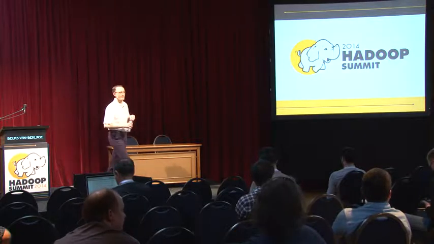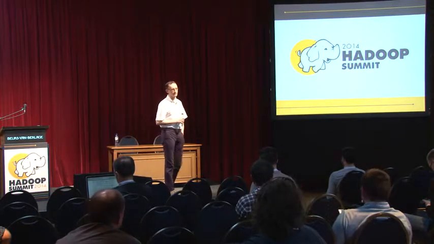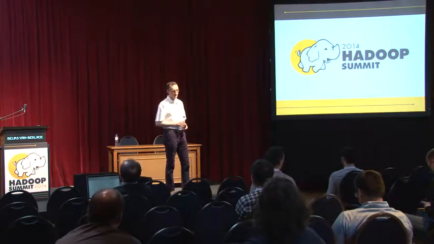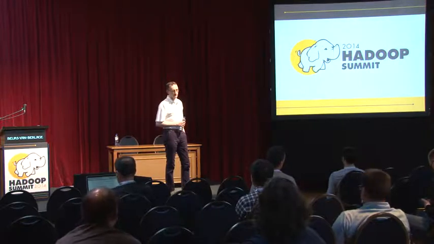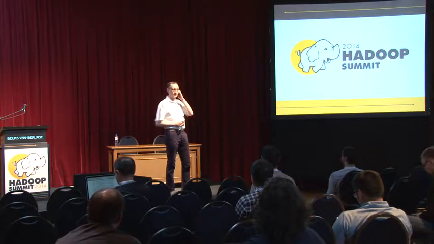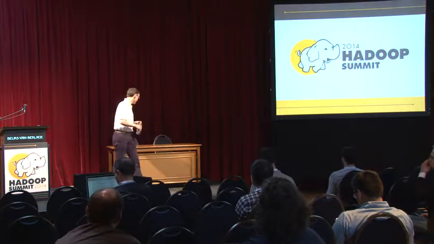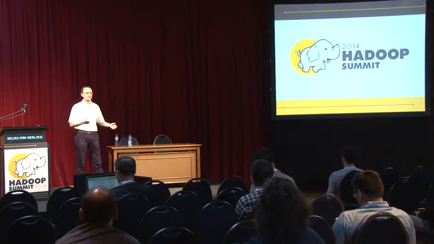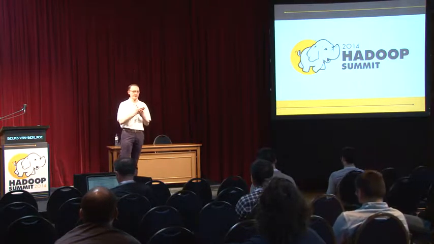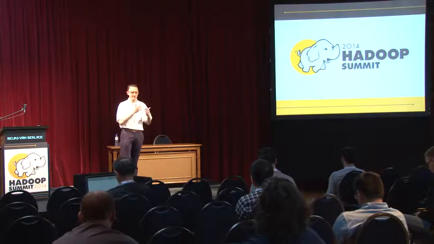Yes? The question is, how do we decide which one to cache? And so I mentioned the cache reports coming in describing which blocks are cached on a particular data node. That information goes to the name node, and the name node uses that information to make decisions.